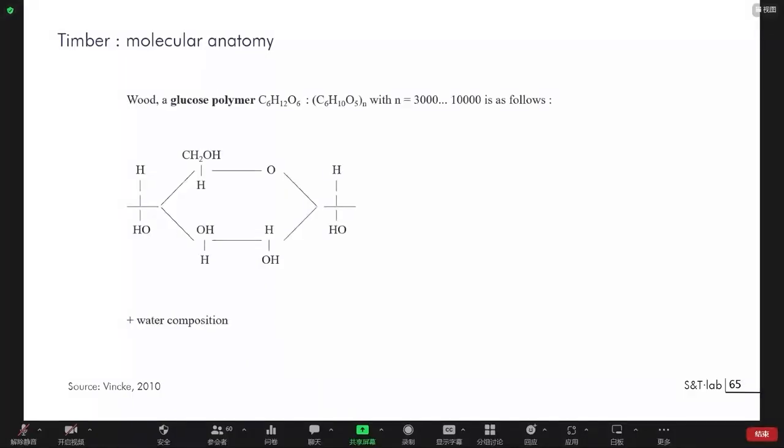So we have a long series of polymers. It's a glucose polymer, a sugar polymer, and you have lines of polymer up to 3,000 or even 10,000 molecular units, associated with the nature of timber itself.